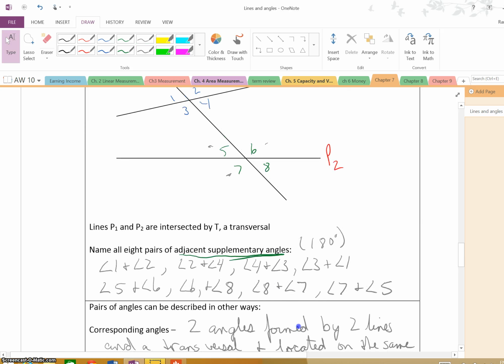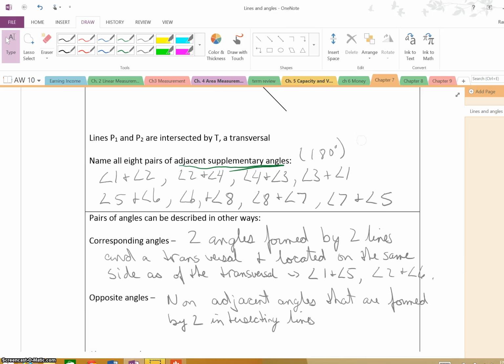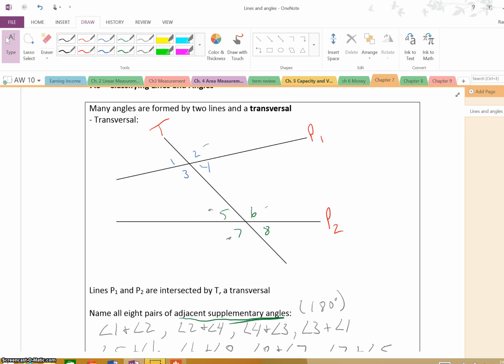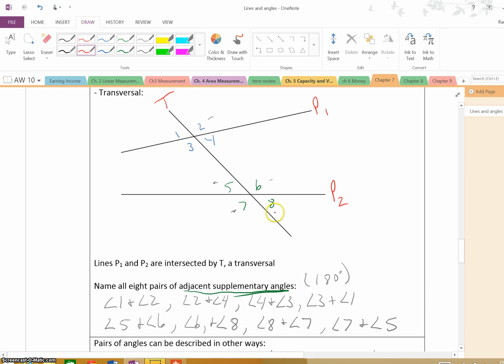So basically right here I have two lines that are intersecting. Angles 1 and 4 are opposite angles, as are angles 2 and 3, as are 5 and 8, and 7 and 6. You can see how they're opposite.